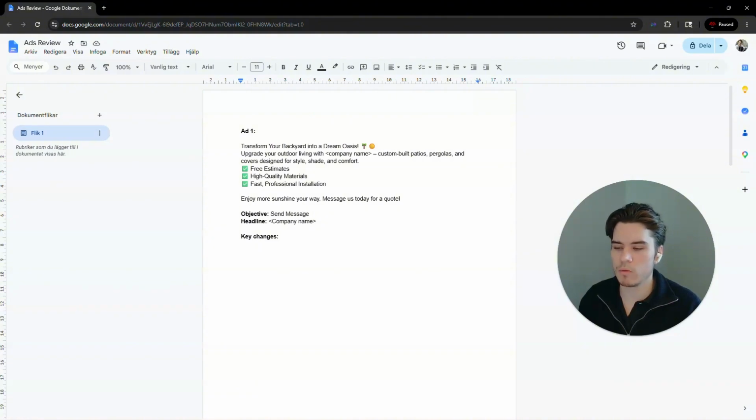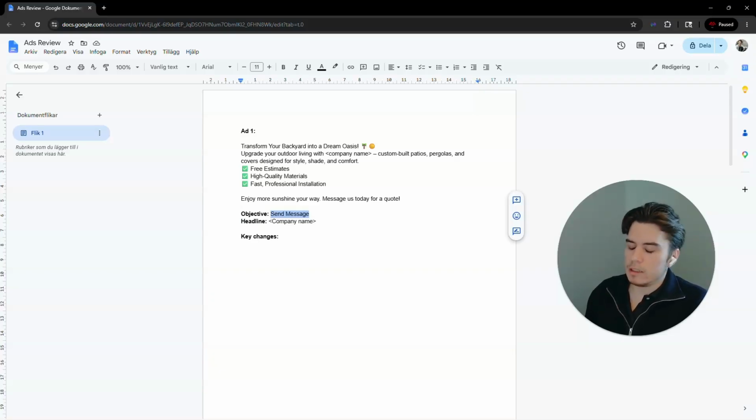And one problem also with this ad is that the objective is send a message here. This will really result in just a lot of bad leads. Send message campaigns are the lowest friction type of campaign you can run, and you will get very low quality traffic. If you do message campaigns, your advertising will actually be cheaper in comparison to sending people to maybe a landing page or whatever.